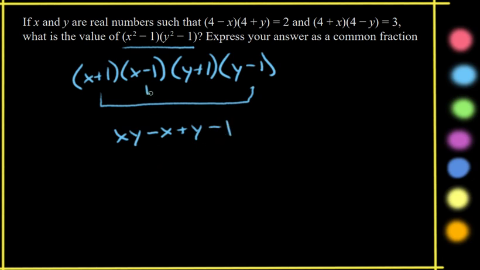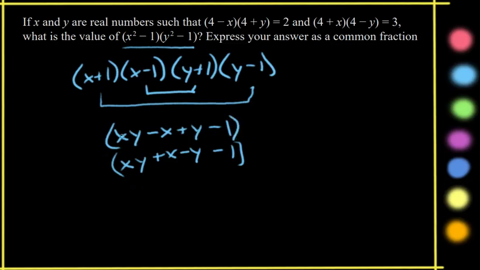And if we multiply these two together, we get xy, and then plus x minus y, and then minus 1. And so we're looking for this product here.